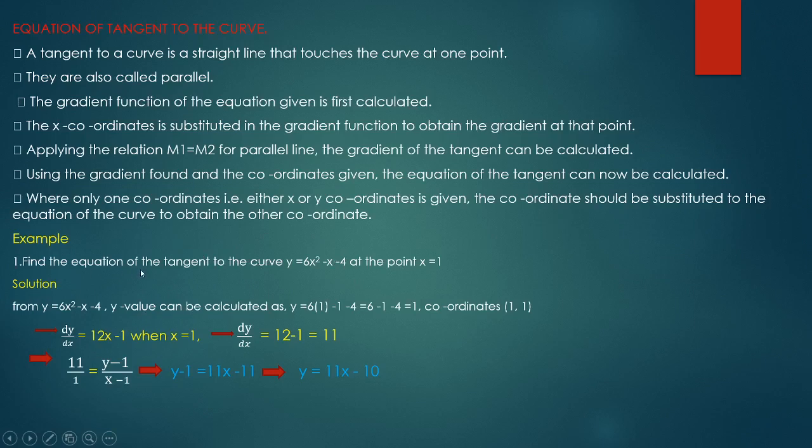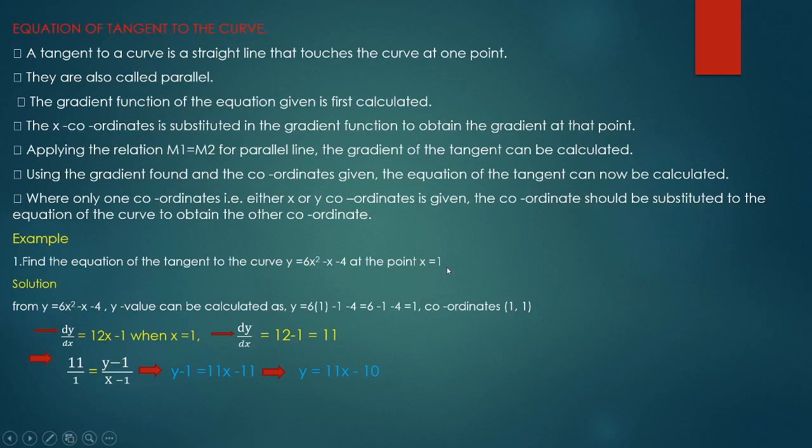Let's do some examples. Example number 1. Find the equation of the tangent to the curve y equals 6x squared minus x minus 4 at the point x equals 1. Now our solution is that we have only one point given, so we need to get the coordinate.